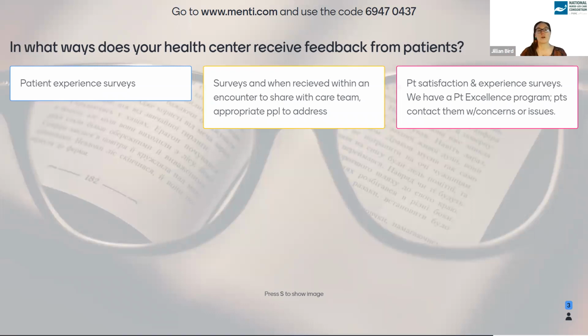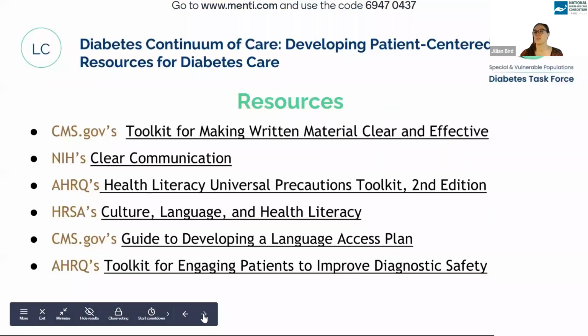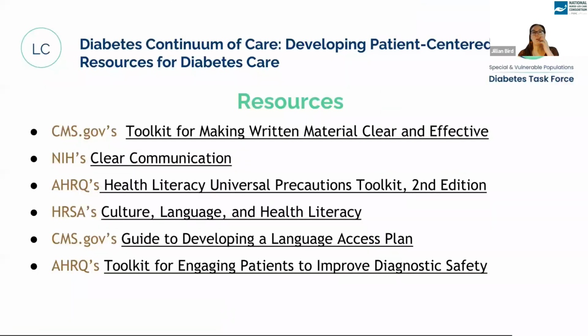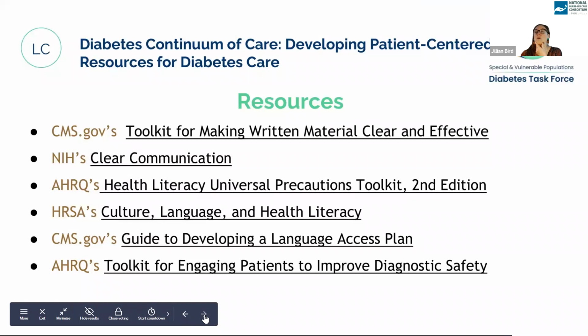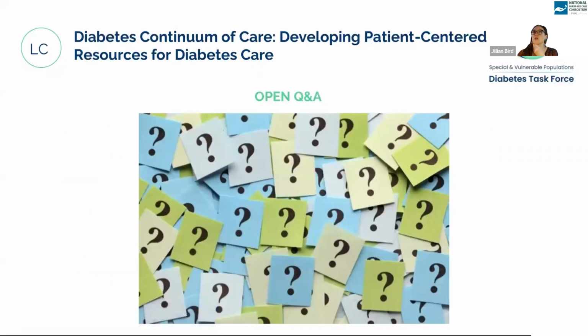We can move on to our next slide, which is just some resources, and wanted to open up the floor if there are any questions, or if anybody would like to share any more about the ways in which they are addressing language access within their care settings.